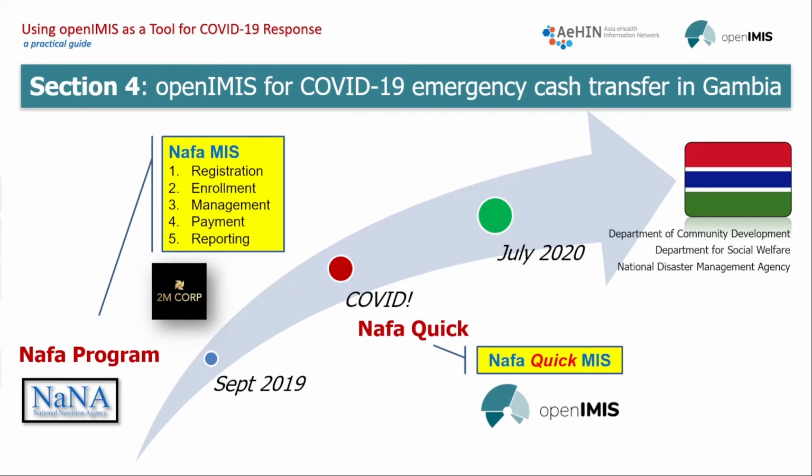For the initial list of potential beneficiaries, the program utilized existing rice distribution COVID-19 emergency response data collected by the National Disaster Management Agency. International development actors such as the World Food Program, United Children's Fund or UNICEF, and the European Union were also involved with NAFA Quick.